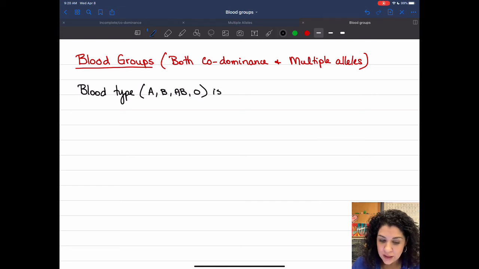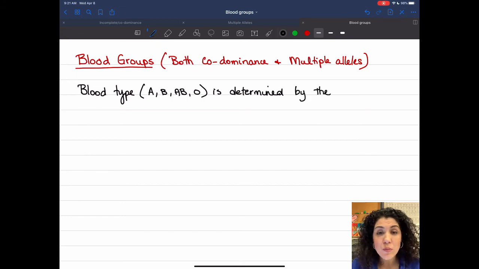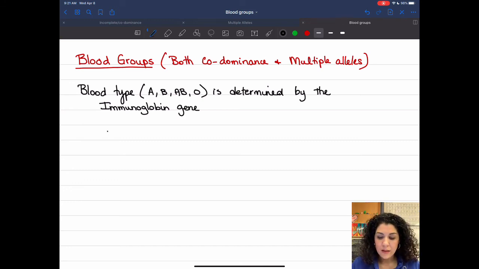So this blood type is determined by the immunoglobulin gene. Immunoglobulin is the name of the protein. And there are multiple alleles for that immunoglobulin gene.